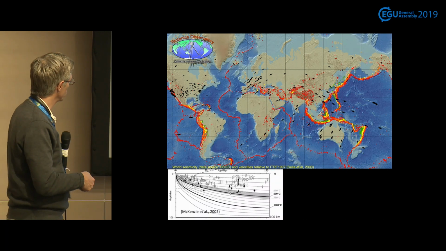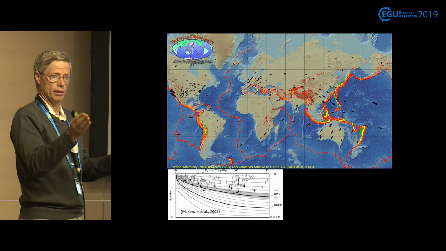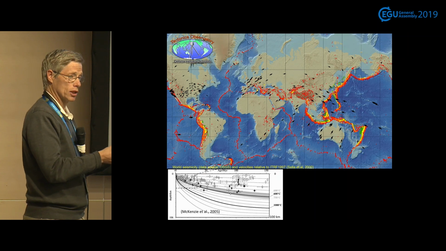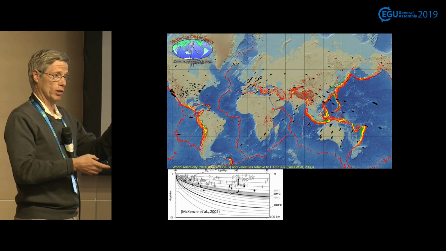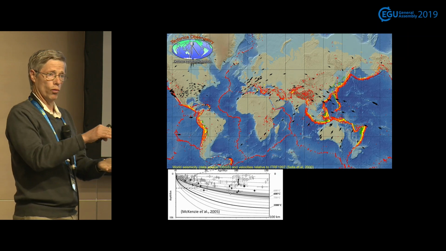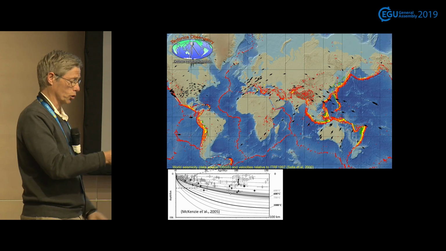So what has been observed is that when you are close to a mid-oceanic ridge, Mathilde talked about that, the crust is very hot, and you can get only very shallow earthquakes. As you move away from the ridge, the plate gets older, colder, and the seismicity will reach greater depth.